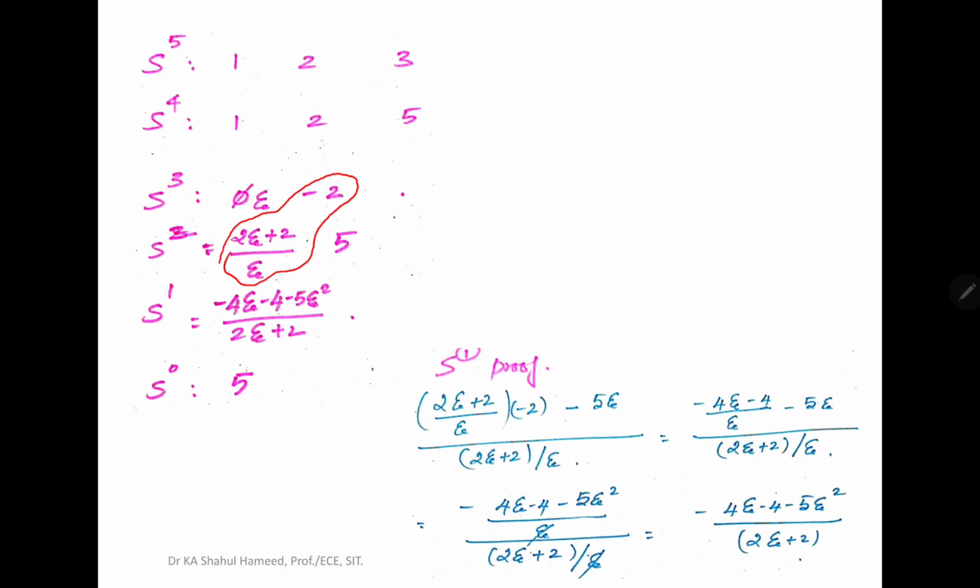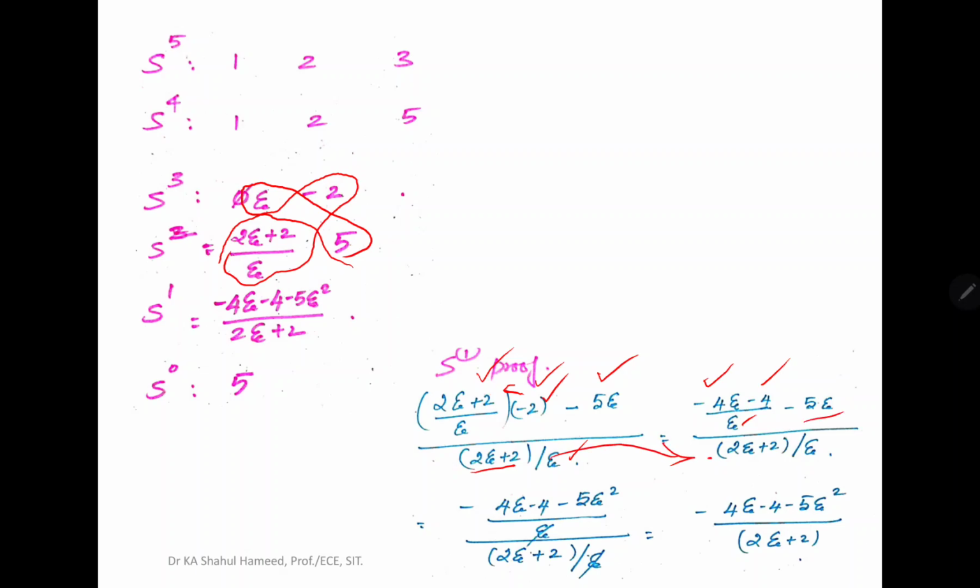The first one is (2 epsilon plus 2 divided by epsilon) into minus 2, minus 5 epsilon, divided by 2 epsilon plus 2 divided by epsilon. Multiplying minus 2 inside the bracket, I get 4 epsilon minus 4 divided by epsilon minus 5 epsilon, divided by the same thing.